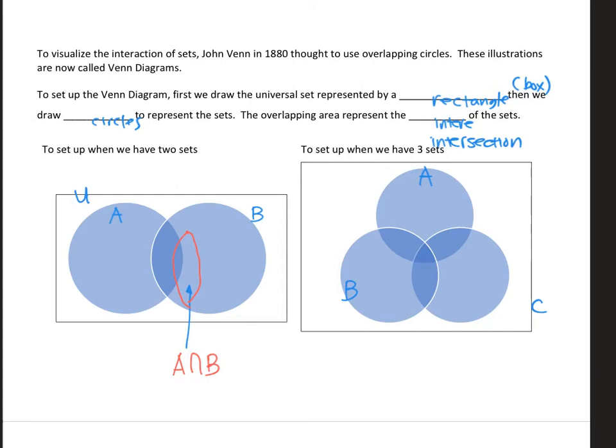And there's a part where everything overlaps. So the very middle part is A intersection B intersection C. It's overlapping everything. If you have to take English 1A, 1B, and 1C, the middle part is people who took all 3 classes.